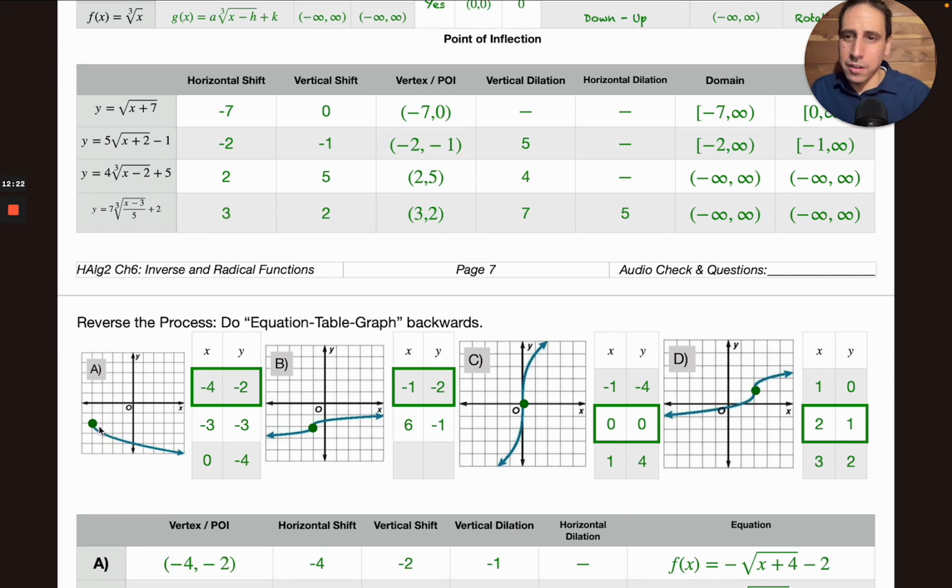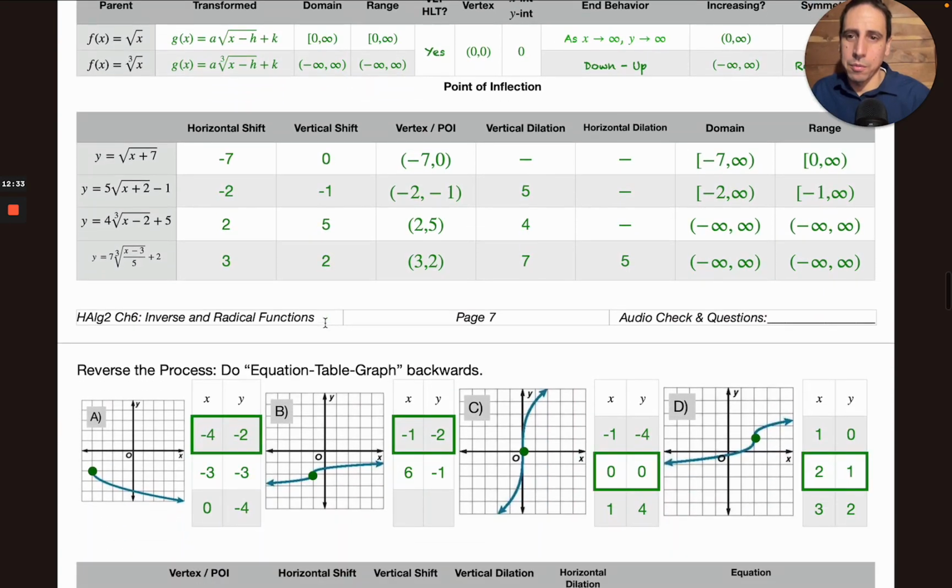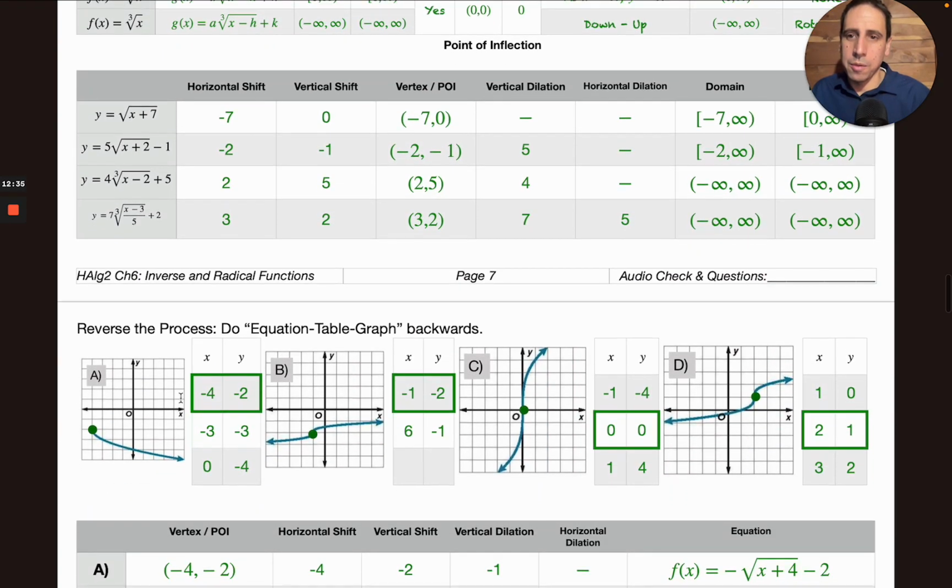I can tell that because the graph used to go from 0, 0 to 1, 1 as the next point, but now it's going down 1 unit instead of up 1 unit. And then it goes down 1 unit and over 3 units, when in fact it used to go up 1 and over 3. So this whole thing has been vertically dilated by -1.